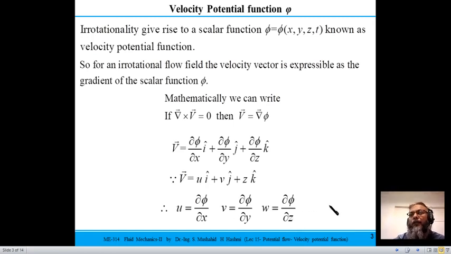As you have seen, for stream functions we restricted ourselves to 2D flows, but here you could have velocity components in x, y and z. So we can say that the velocity potential function is a 3-dimensional idea.